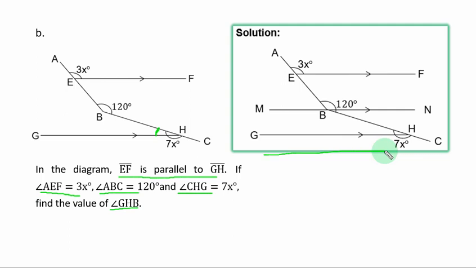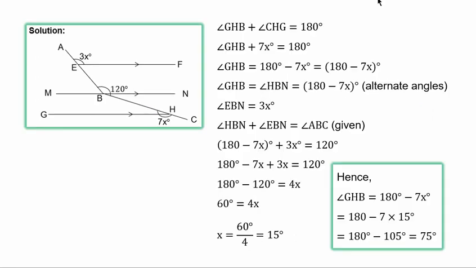So let's see how the adjusted diagram will enable us to find the value of angle GHB. So you have the same diagram. Now this angle will help us to find the required angle.